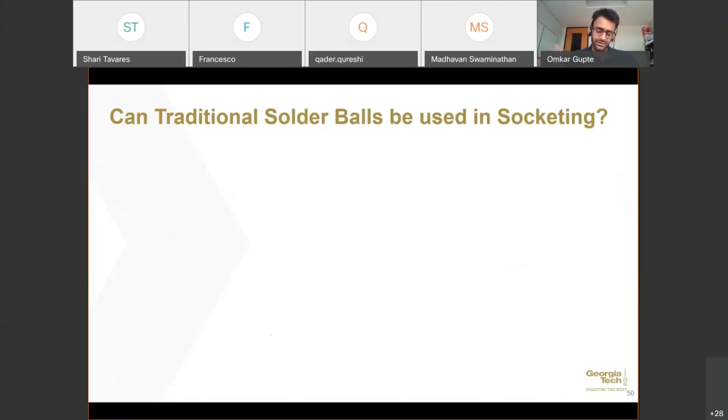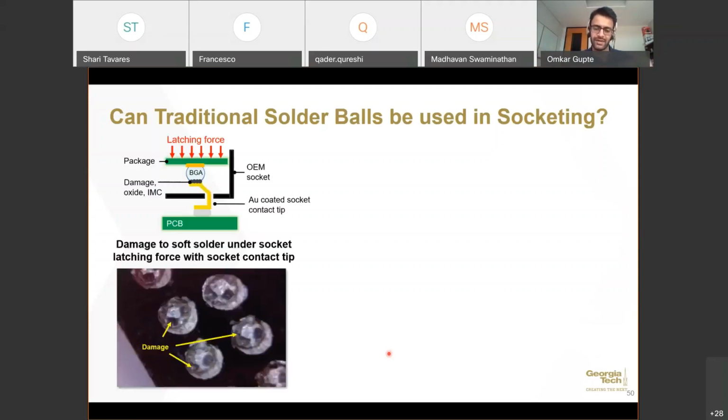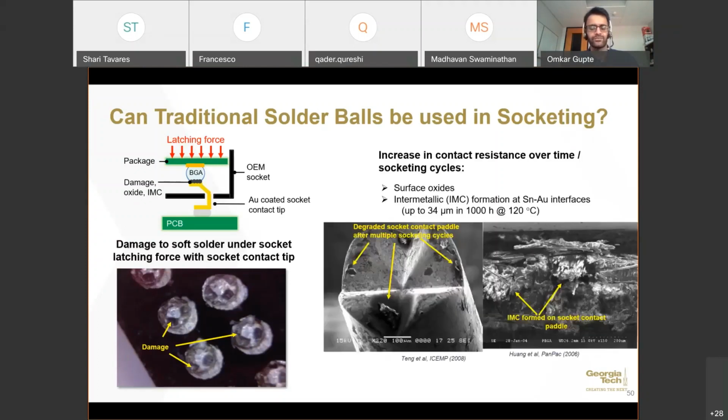So then the question arises: if sockets are also being used, why can't we directly use a BGA package in a socket? As in, why go to an LGA package at all? Well, that is because there are multiple reliability challenges that BGAs can face in a socket. First, as we said, BGAs are soft materials and the socket pins are pretty hard materials, so the BGAs can be easily damaged under the socket contact forces.